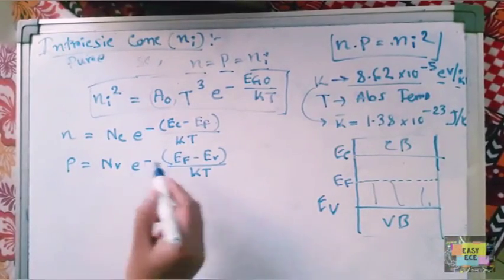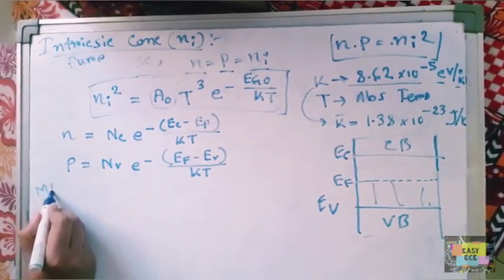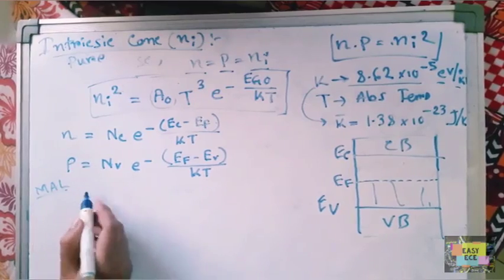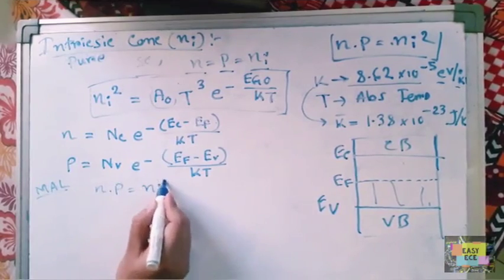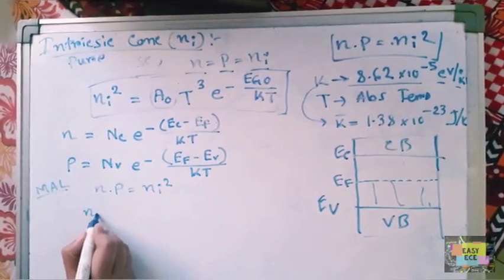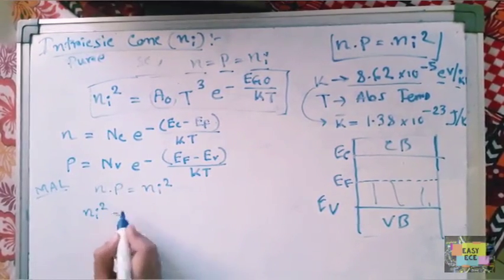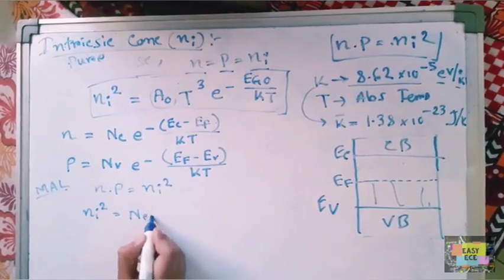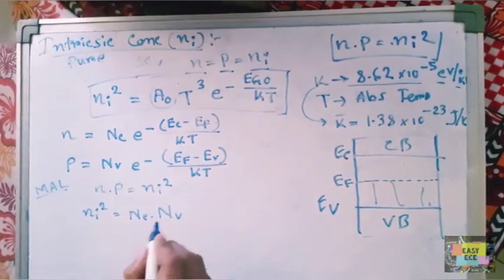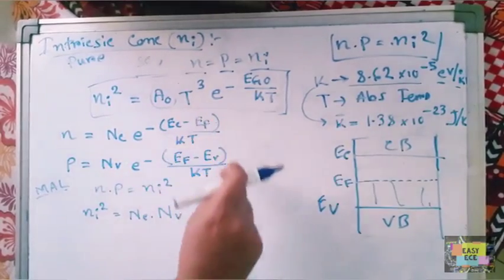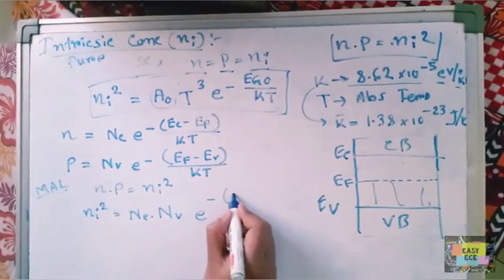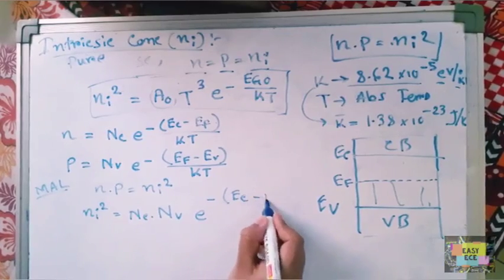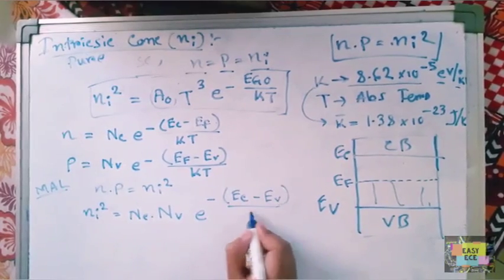So now, in the mass action law, we get that n into p equals ni squared. Now what is the value of ni squared? Ni squared equals Nc into Nv into e to the power minus (Ec minus Ev) by kT.